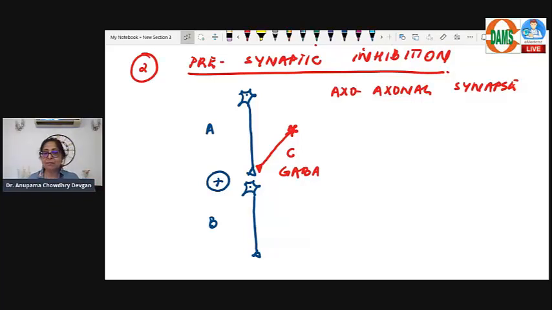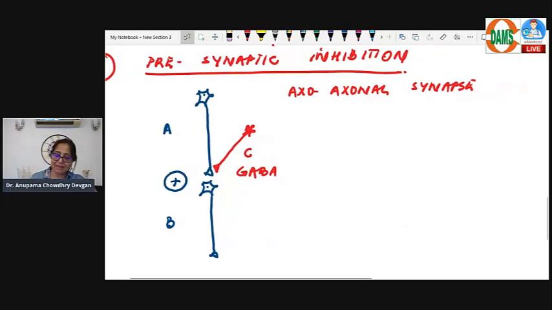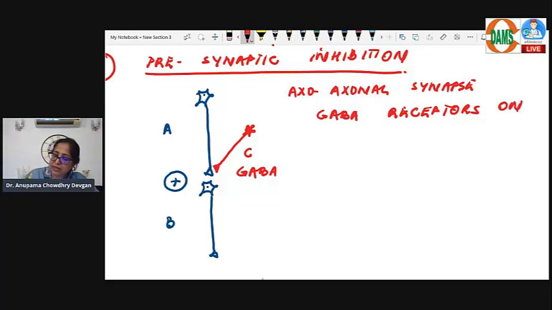Normally A excites B, but C, which is a GABA secreting neuron, now forms an axonal synapse with the presynaptic neuron. Now, there are GABA receptors on the presynaptic neuron.